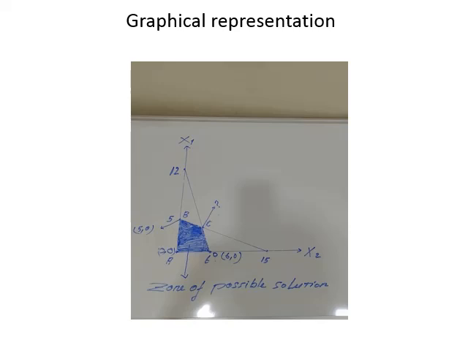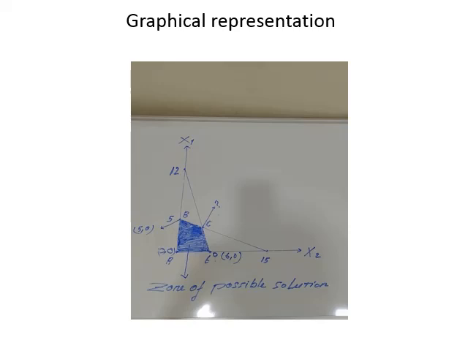Step 1, I would like to remind you about the steps of the graphical solution. First, convert the constraints to equations. Second, solve the equations by assuming x1 equals 0 to find x2 and x2 equals 0 to find x1. Step 3, we are going to draw the graph.